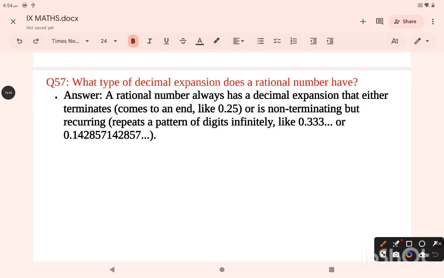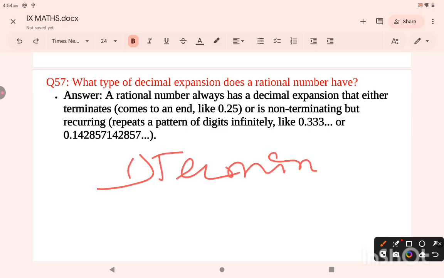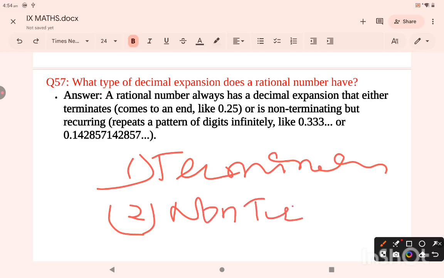What type of decimal expansion does a rational number have? Already we know the decimal expansion of rational numbers: first, terminating decimal; second, non-terminating, repeating or recurring decimal.